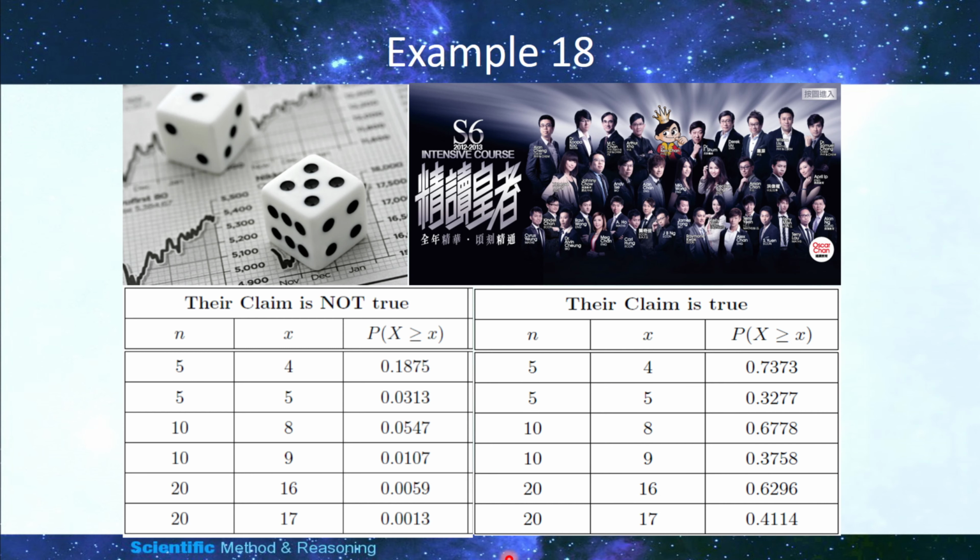However, if in fact the alternative hypothesis is true, that means p equals 0.8, then the probability of making 4 correct predictions out of 5 is almost the norm. This is what we expect. And 5 out of 5 is still quite high with probability of 33%, and at least 8 out of 10 correct predictions would be about 0.6778.